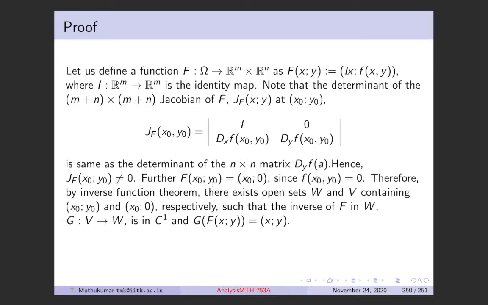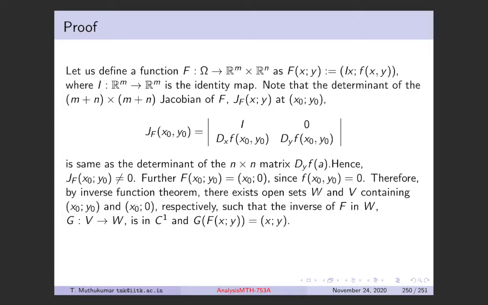Now by the inverse function theorem, which we just proved, you can find a neighborhood W around x naught comma y naught and a V around x naught comma 0, which is the image element here, such that this capital F is a bijection and there is an inverse, right? It is invertible. That's what the inverse function theorem tells you, that locally they are invertible.